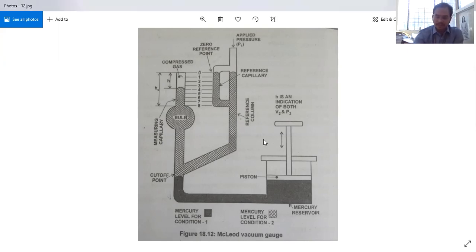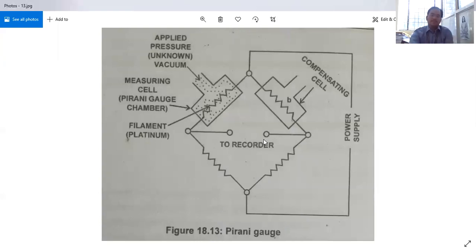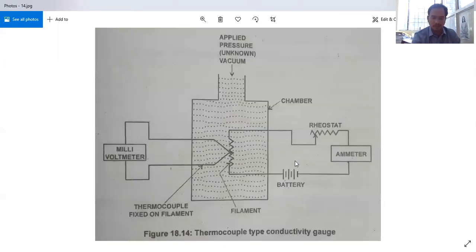Next, we enter into the thermal conductivity gauges. In that we have the Pirani gauge and the thermocouple type conductivity gauge.